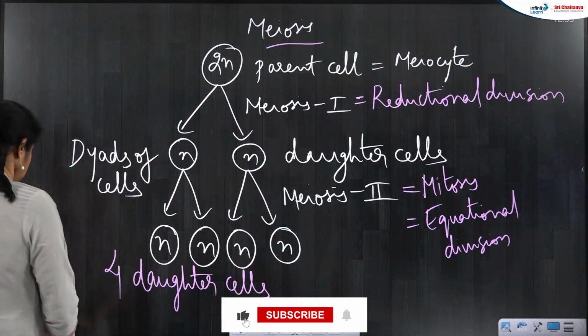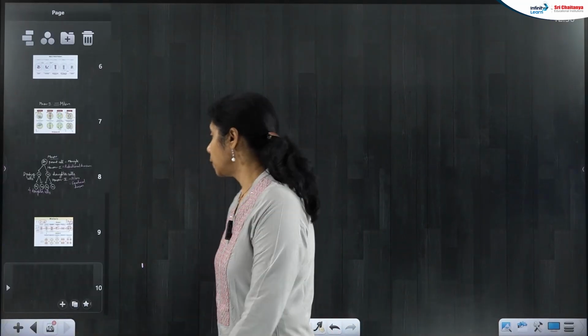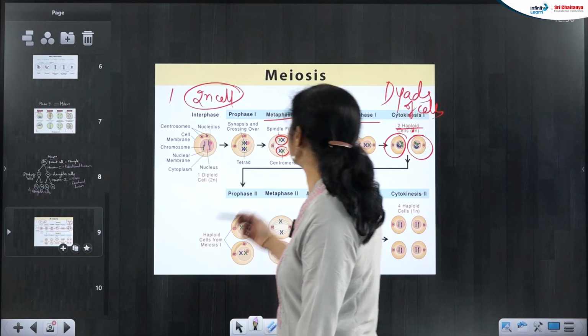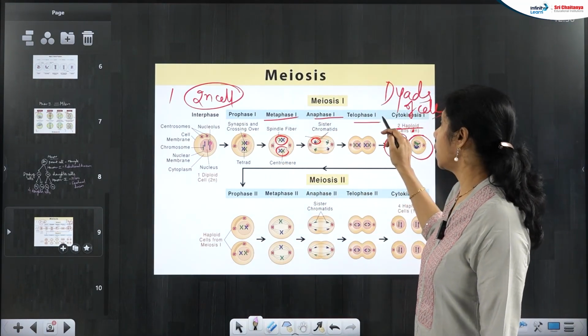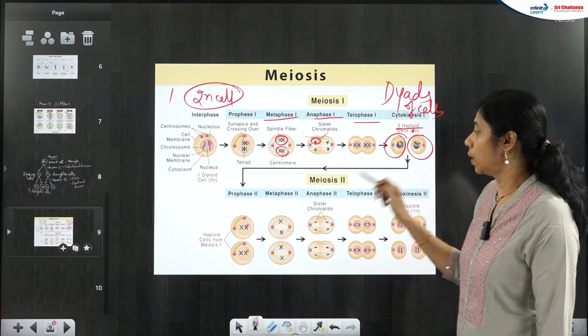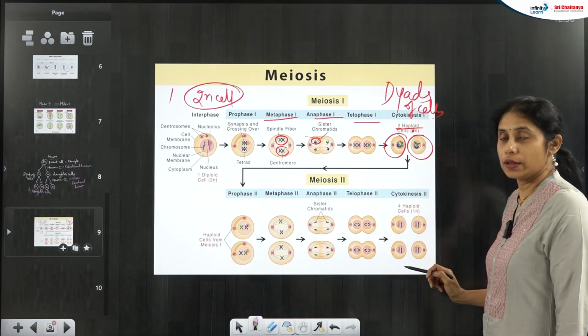Okay. Next, we have completed meiosis. As you have seen already in the diagram, you can see meiosis 1, where you have prophase 1, metaphase 1, anaphase 1, telophase 1 and cytokinesis 1. Meiosis 2 has prophase 2, metaphase 2, anaphase 2, telophase 2 and cytokinesis 2.